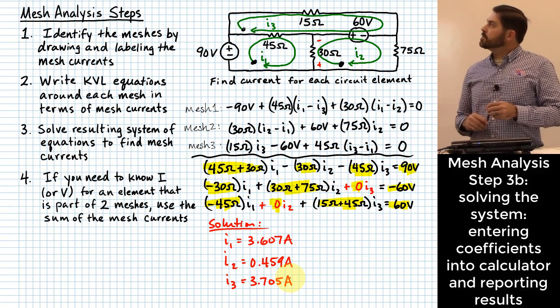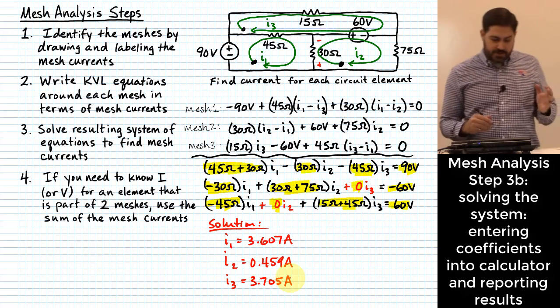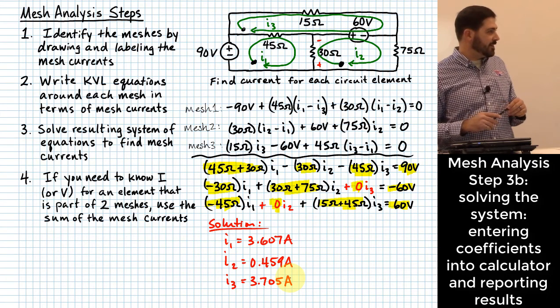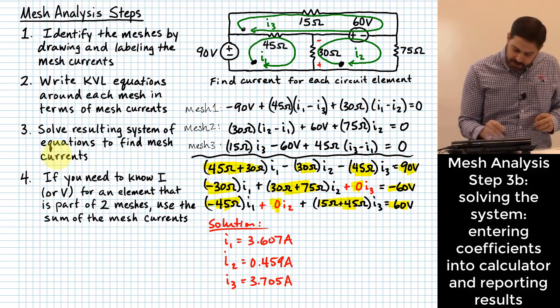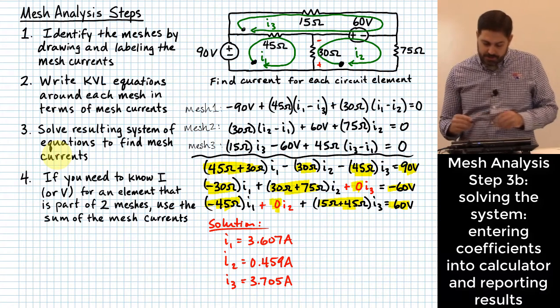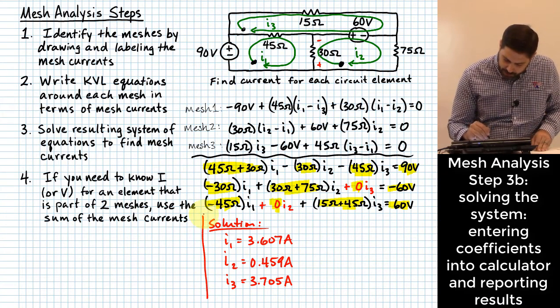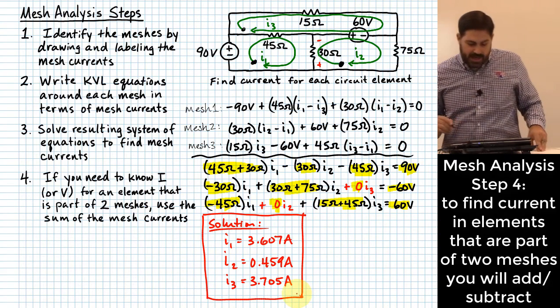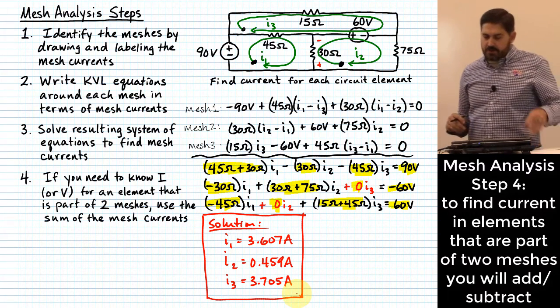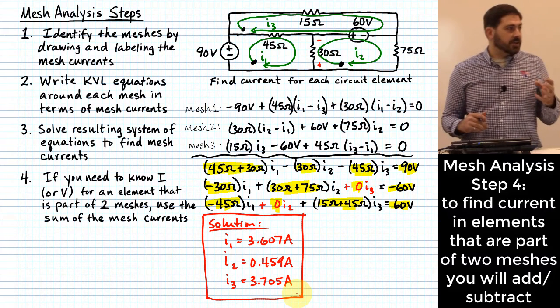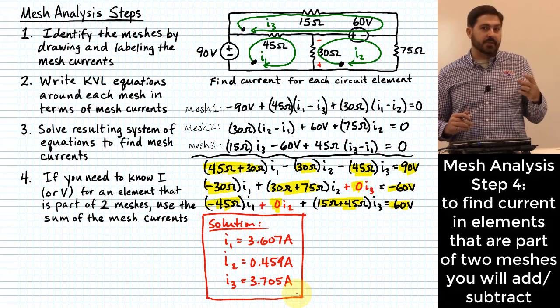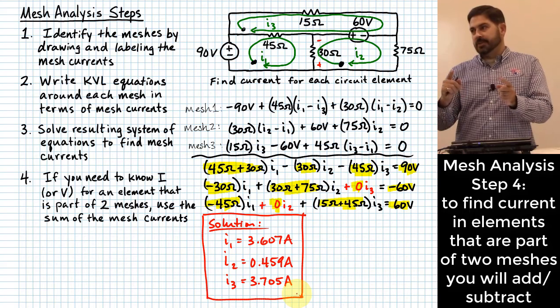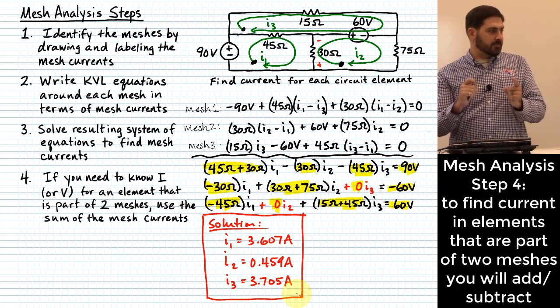Okay, so what we just finished with is step 3, right? We're going to solve the resulting system of equations to find mesh currents. We just did that. We got all of our mesh currents here. Now I added a step 4 here so that you understand that it's not uncommon for us to need to know something that may not be directly given with my mesh currents, right?